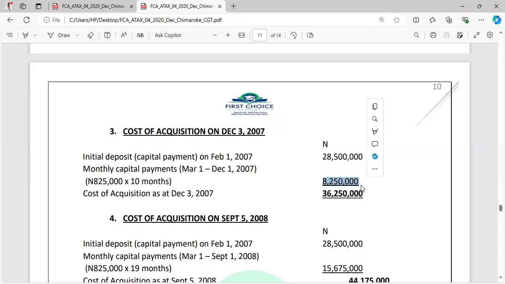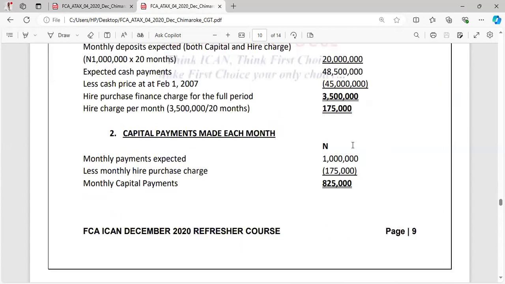Now that is the capital cost that you have paid up to the time the asset was disposed of. So by the time you add this 8,250,000 to this initial deposit, you have 36,250,000 as your cost of acquisition as at December 3, 2007. So that's what we have here.